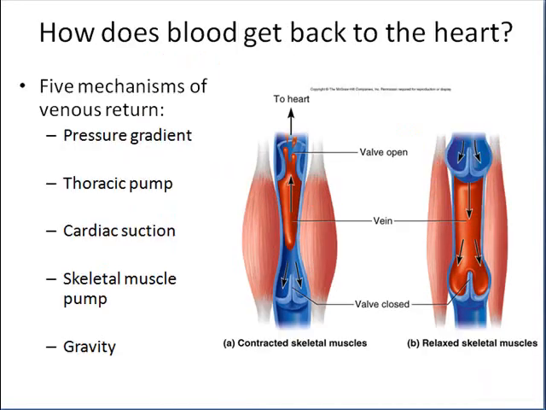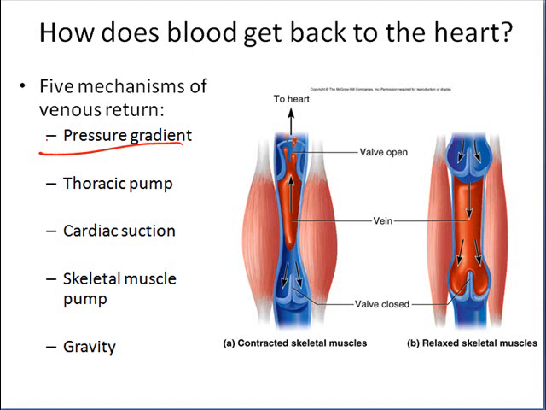Now, there are some other mechanisms by which we get blood back to the heart through the veins. Not only do we rely on those venous valves, but we do rely on some other helpful strategies. Remember, we talked about the fact that there's a pressure gradient between the aorta and the superior and inferior vena cava, so that because pressure is highest in the aorta and pressure is lowest in the superior and inferior vena cava, there is the pressure gradient facilitating the movement of blood from the aorta and through the veins.